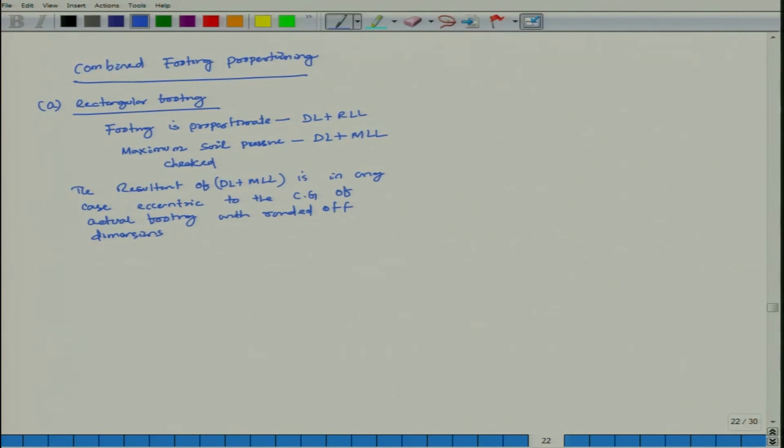If the resultant of dead load plus maximum load is in any case eccentric to the CG of actual footing, then it has to be rounded off.